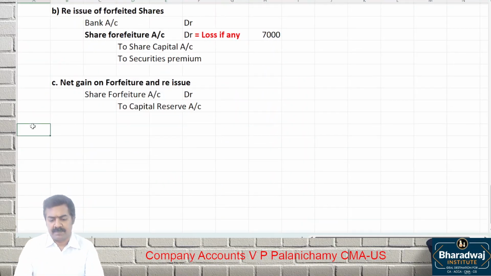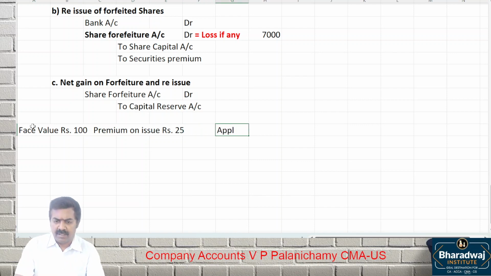Take up this question. This is a base information. Face value rupees 100. Premium on issue rupees 25. This is a base problem. Application rupees 20. Allotment rupees 50, including premium.